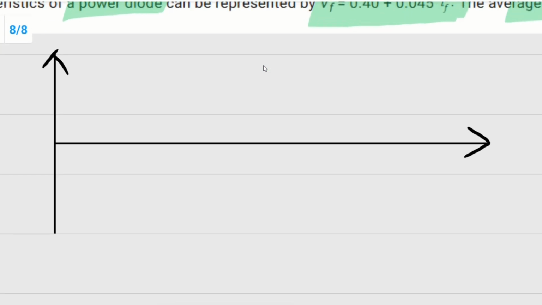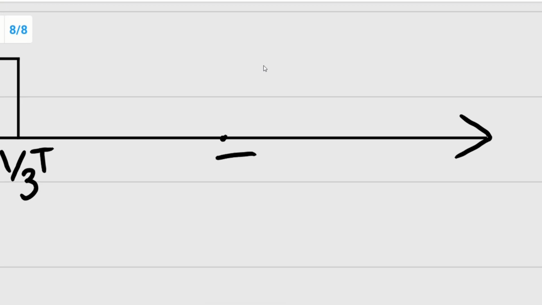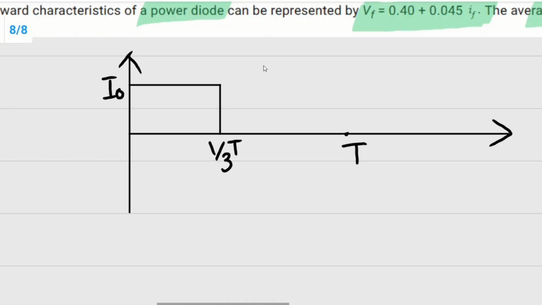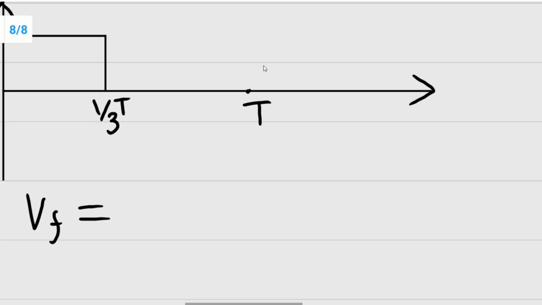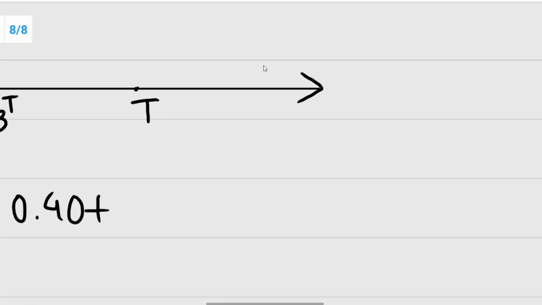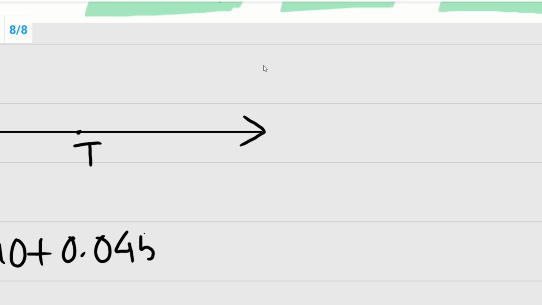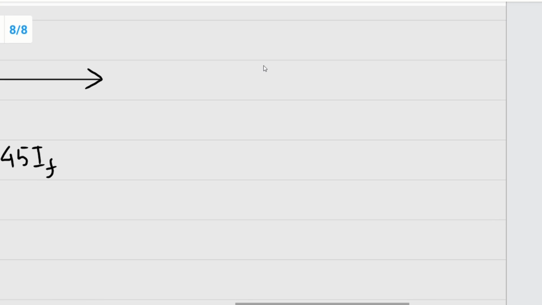Given that it will be turned on, carrying constant current for 1/3 cycle, I naught. Given that the forward voltage is 0.4, plus 0.045 IF.